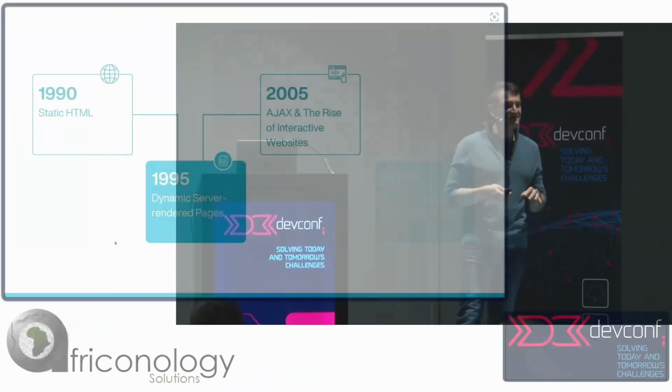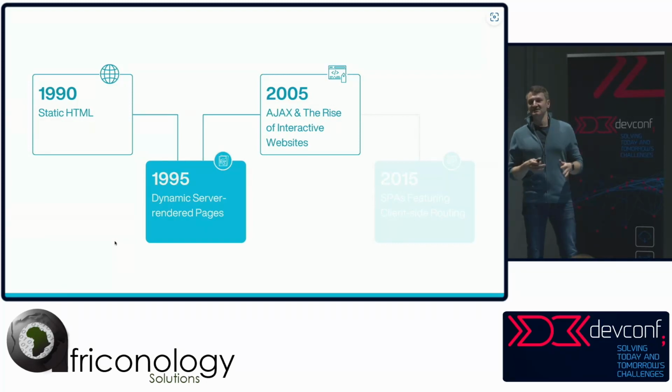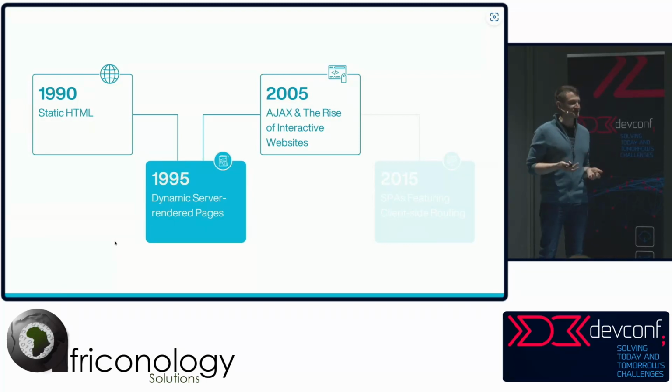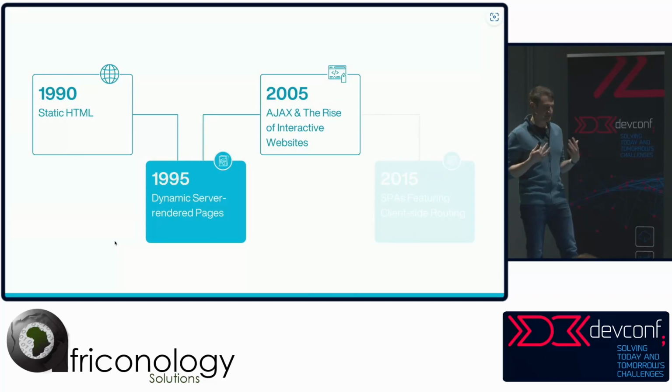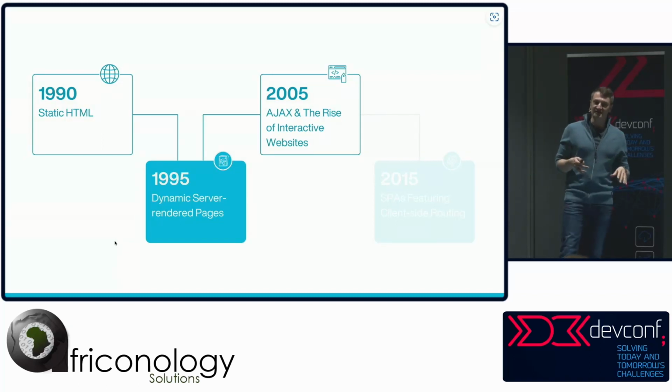So time passes, and somewhere around the year 2005, we come up with something called AJAX, asynchronous JavaScript and XML. With Ajax, it was possible to do some fancy tricks, so we could load data on the client side instead of only loading data on the server side.